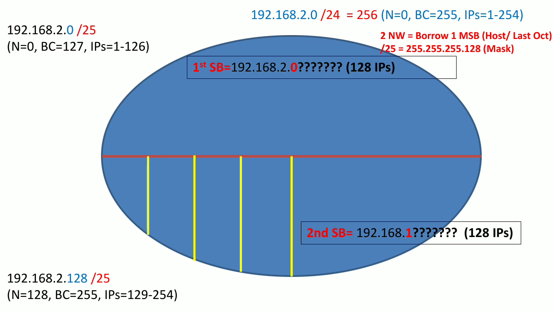So we want to use half of the second subnet, and the remaining half we want to spare for future purposes. In the first half of this 128 subnet, we want to create 4 further subnets of 16 IPs each.